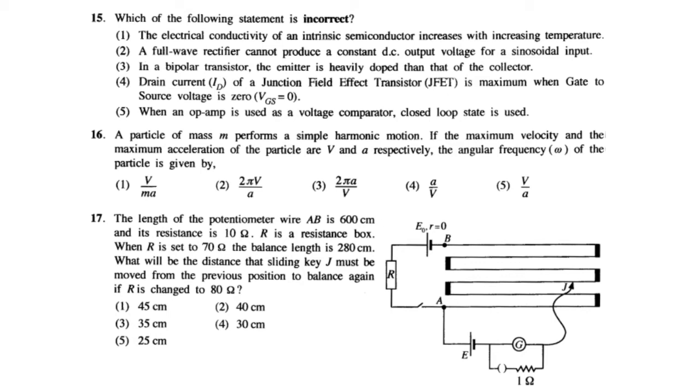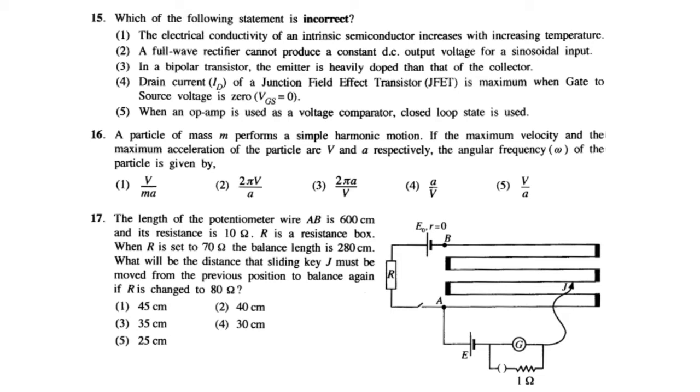When V minus is greater than V plus, the output is minus, and it is equal to the minus value of the supply voltage. Now you can understand the output varies depending on whether V plus is greater than V minus or V minus is greater than V plus.